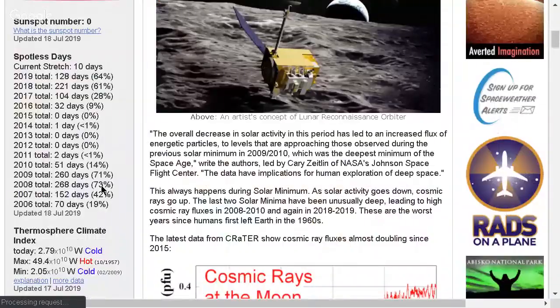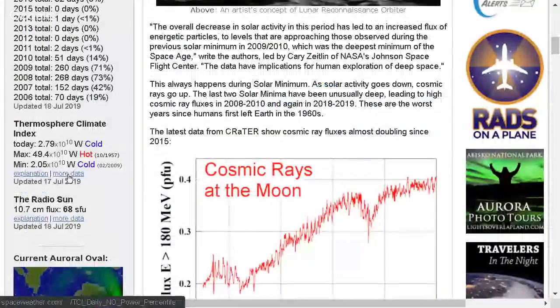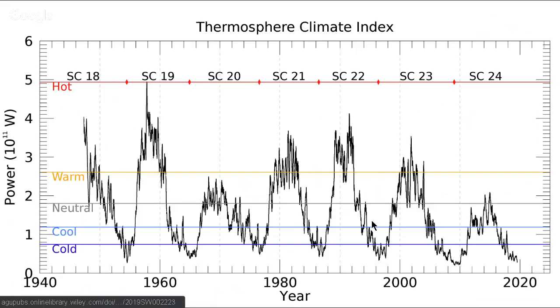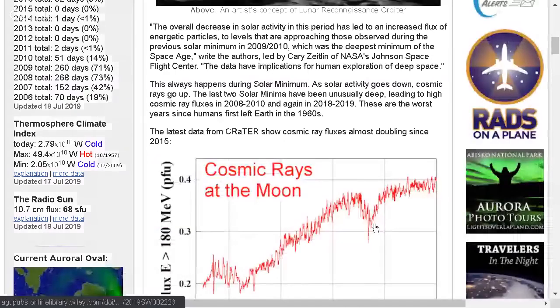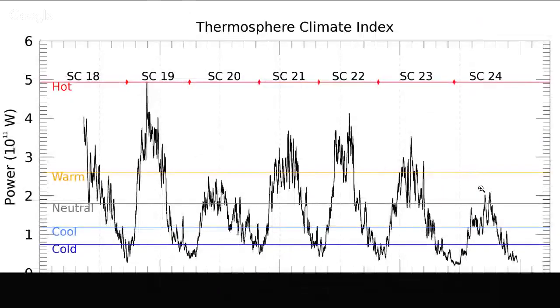Since it's super obvious, let's look at the thermosphere index. Since the thermosphere is the first portion of the atmosphere that gets heated by the sun, and we ain't got no thermosphere index. There we go. So if you notice, the thermosphere was colder at the last solar minimum than it is now.